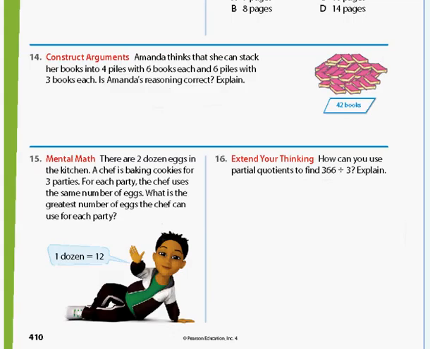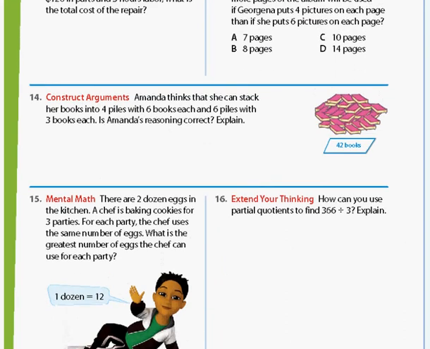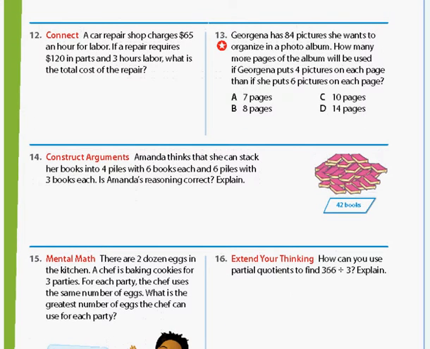We're going to look at problem number 12. A car repair shop charges $65 an hour for labor. If the repair requires $120 in parts and 3 hours in labor, what is the total cost of the repair? We need to box in the question. We're trying to find the total cost of the repair.